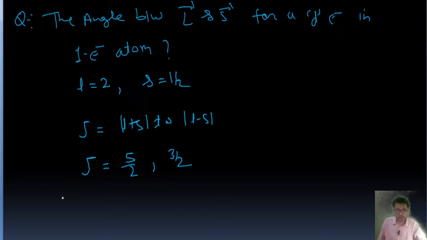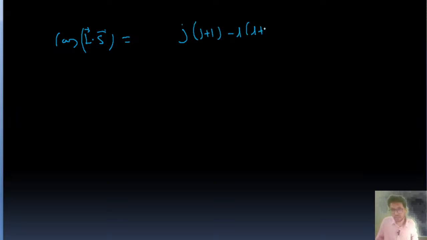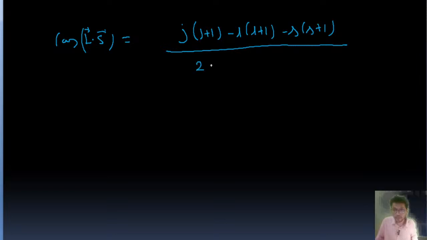So we can write cos of the angle between L and S, cos L dot S, using the formula j into j plus 1 minus L into L plus 1 minus S into S plus 1, upon 2 root L into L plus 1 and root S into S plus 1.